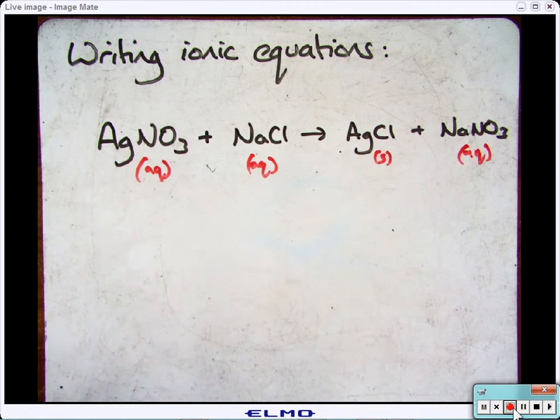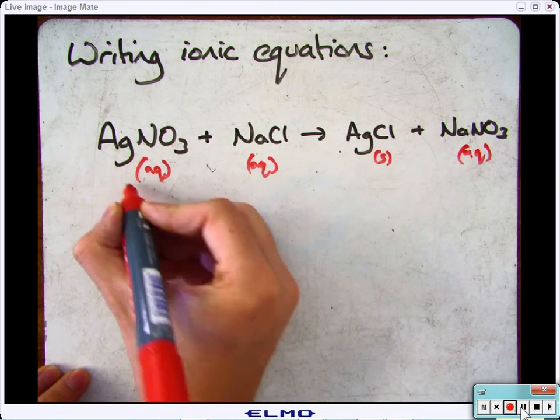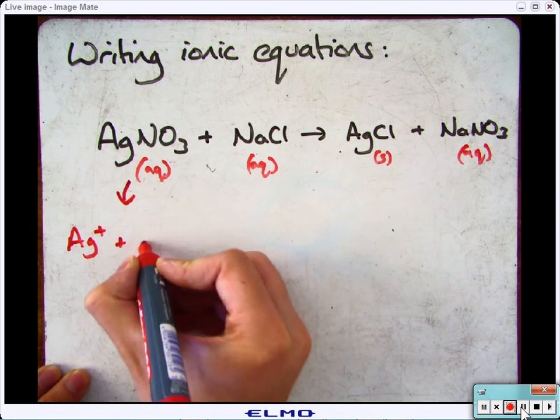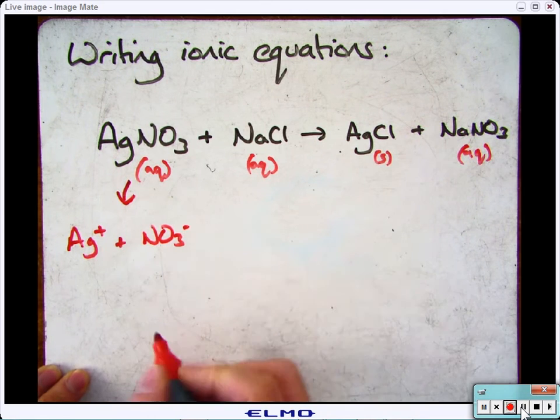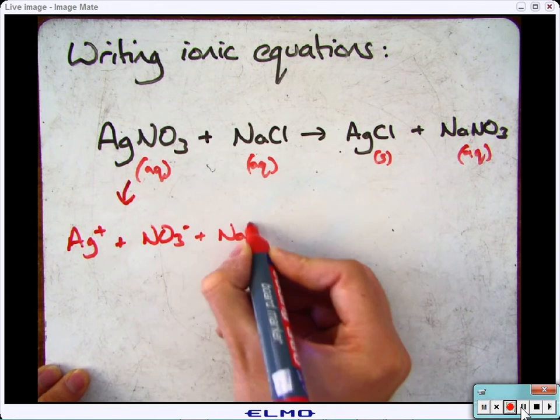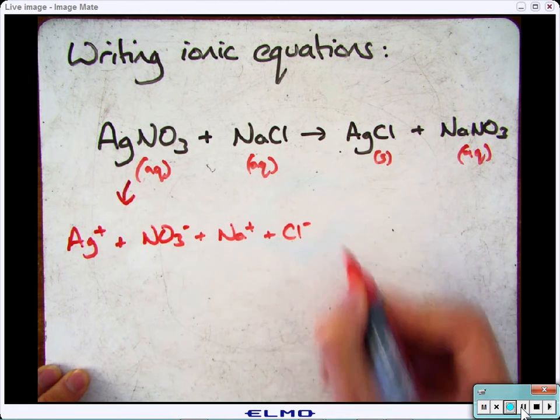So the next thing we can do is we can say that these anions and cations are free to move when they're dissolved and put into a liquid, so we can separate them out. So silver nitrate goes to Ag plus and NO3 minus. Sodium chloride goes to Na plus Cl minus.